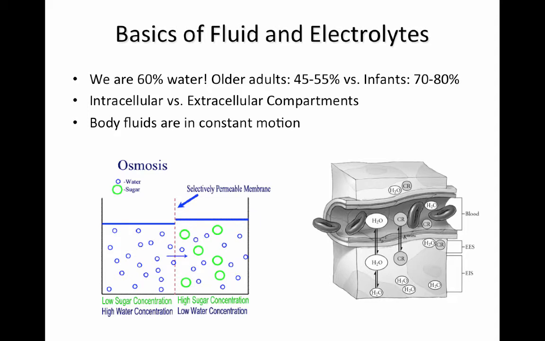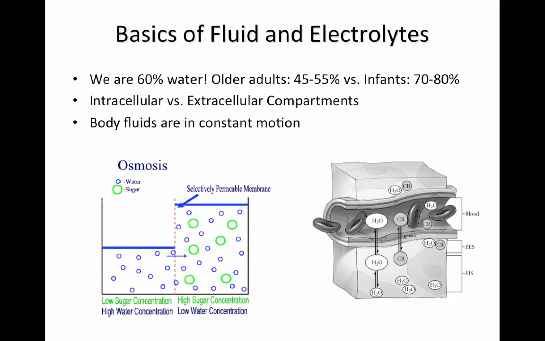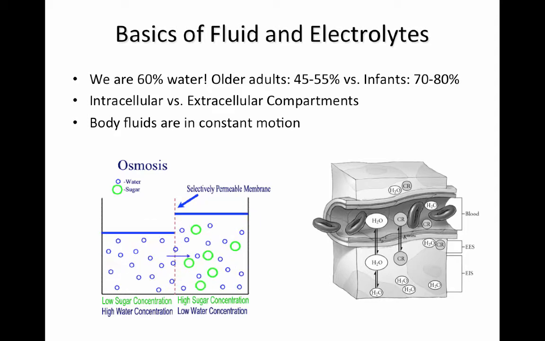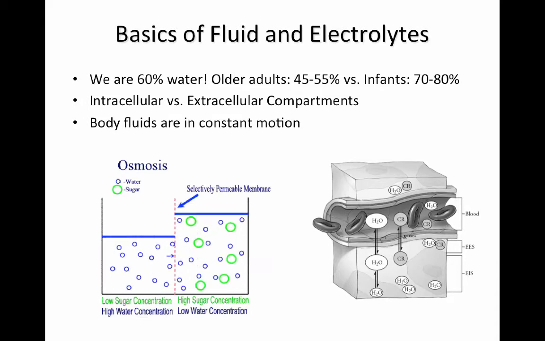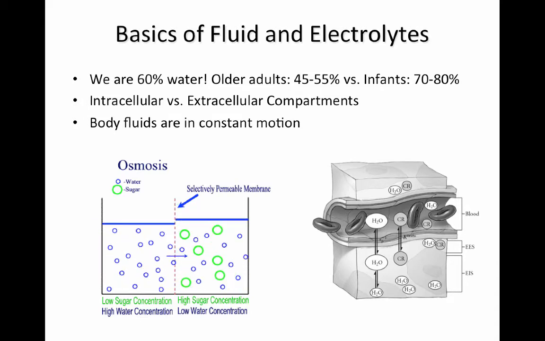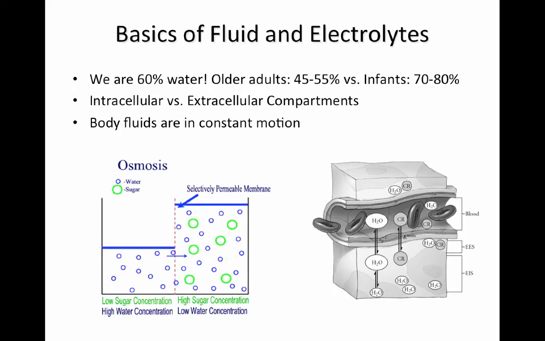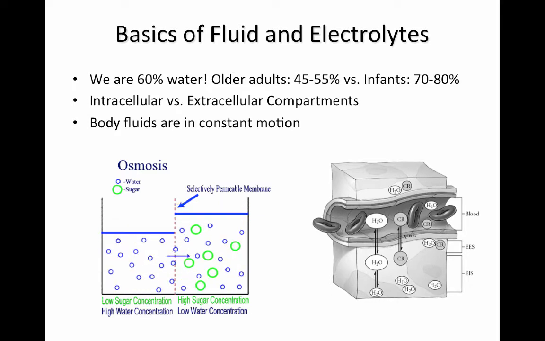If you take a 70 kilogram patient, about 42 liters in their body is actually water total. Now, the older adult comprises a little bit less water, and the infant is made up of a little bit more water.